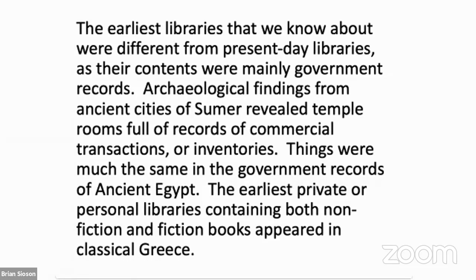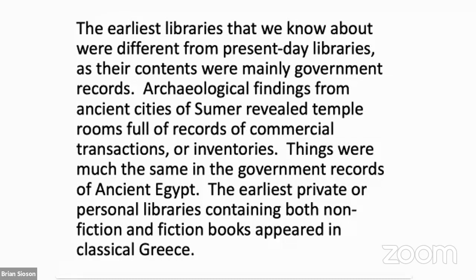Okay, so let's read. The earliest libraries that we know about were different from present-day libraries, as their contents were mainly government records. Archaeological findings from ancient cities of Sumer revealed temple rooms full of records of commercial transactions or inventories.